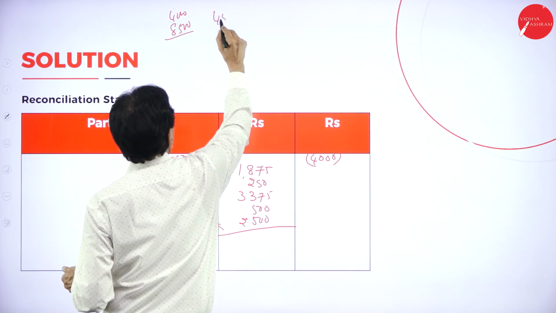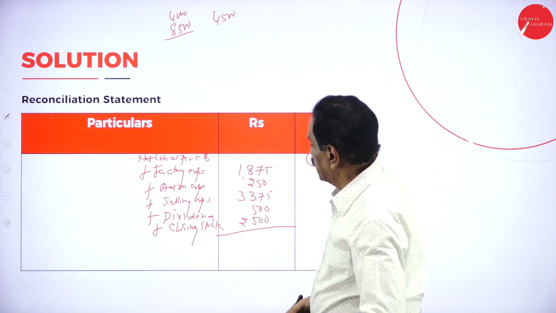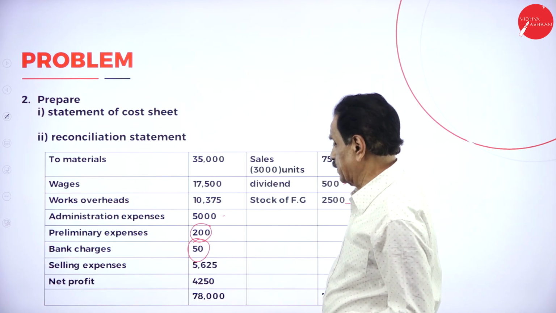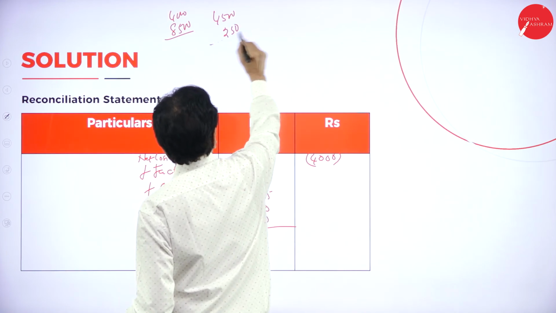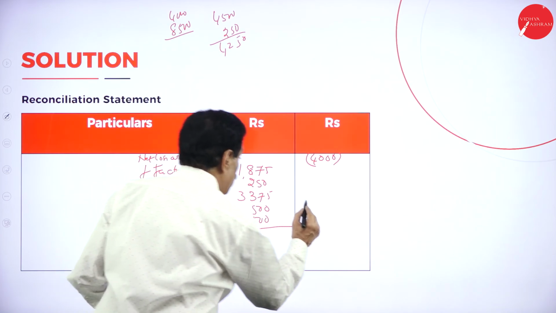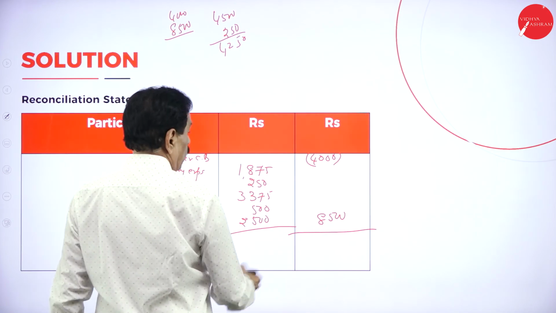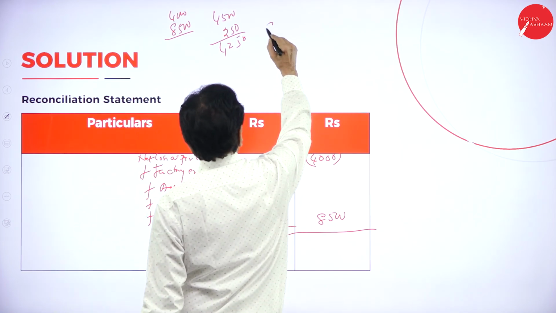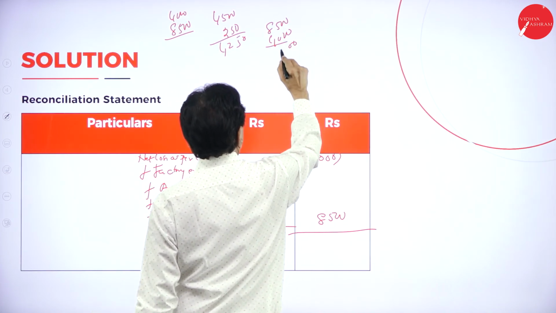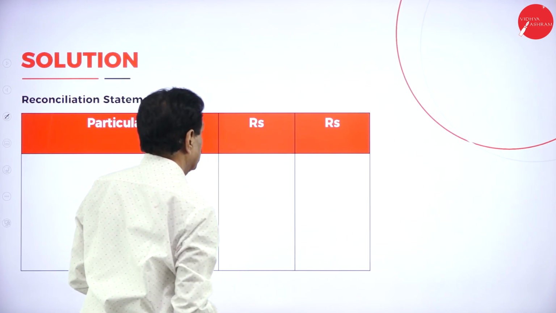Then less the items here: bank charges and preliminary expenses. So it comes to 8,500. So the difference is 4,000 gone, 8,500 minus 4,000 gone. The difference is 4,500. Right here.